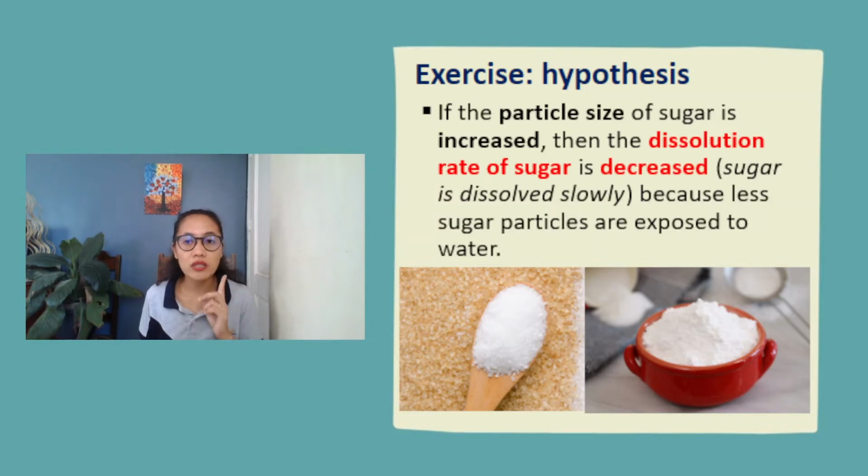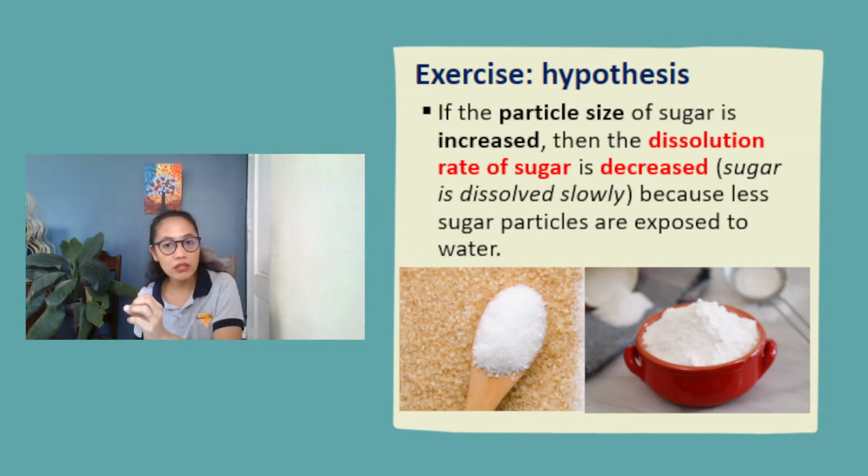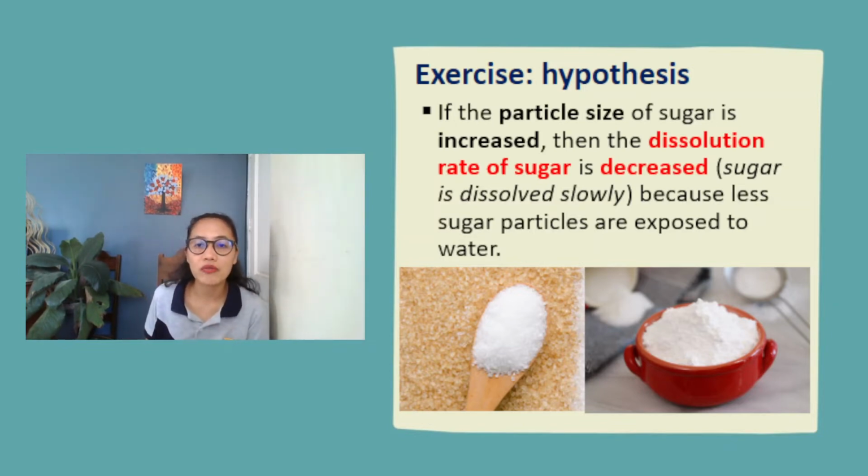If the particle size of sugar is increased, meaning from smaller particle, powdered, to bigger particle size, which is granulated, then the dissolution rate of sugar is decreased, meaning sugar is dissolved slowly, because less sugar particles are exposed to water.